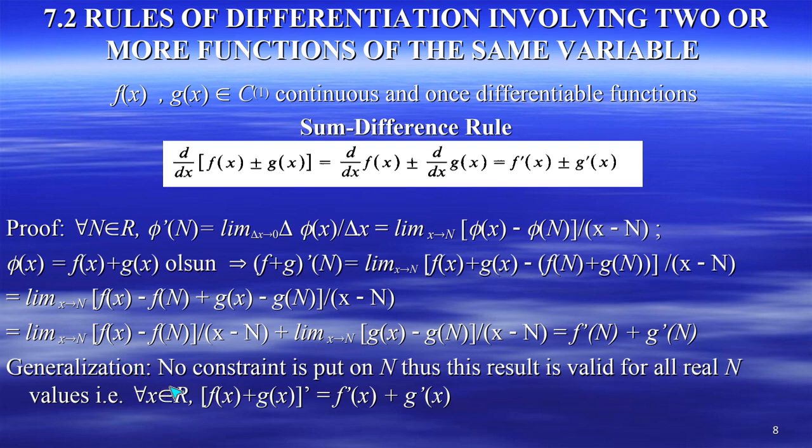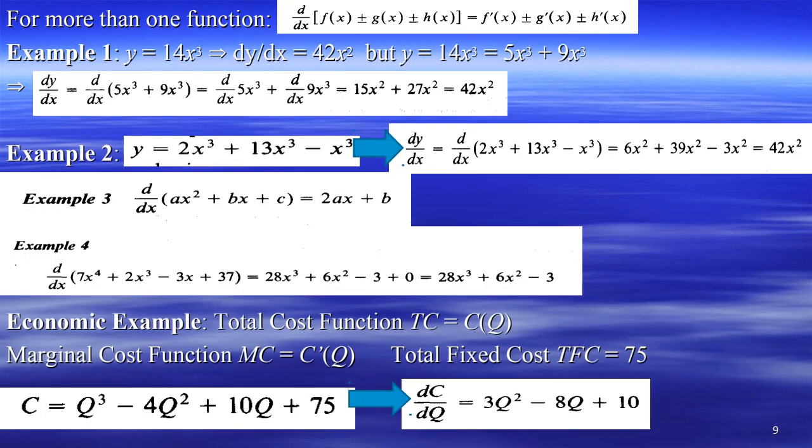That's to say, for all x in the real space, the derivative of f of x plus g of x is equal to the derivative of f of x plus the derivative of g of x. F of x plus g of x prime is equal to f prime of x plus g prime of x. So this is the general result.